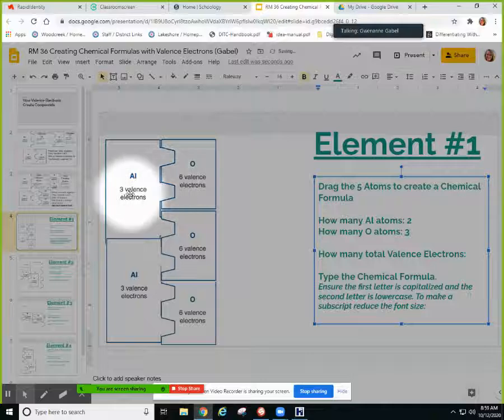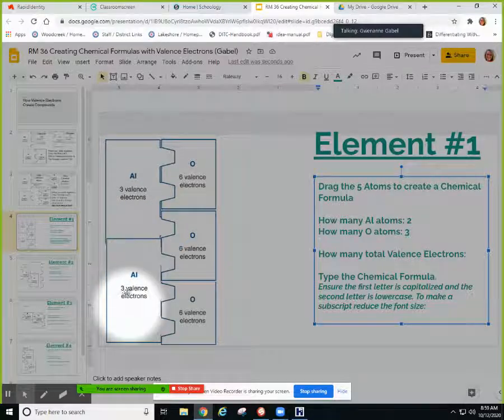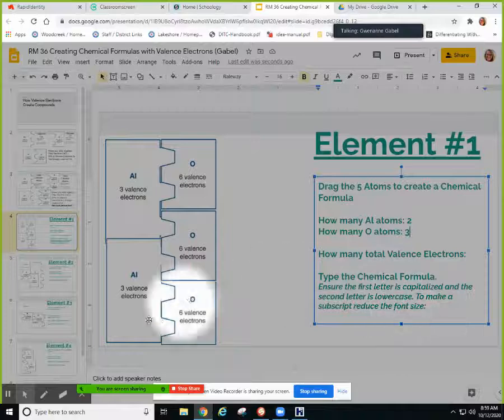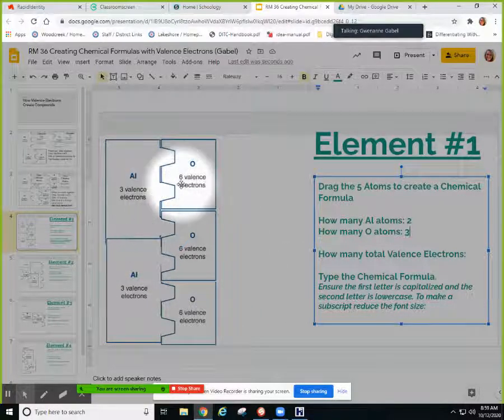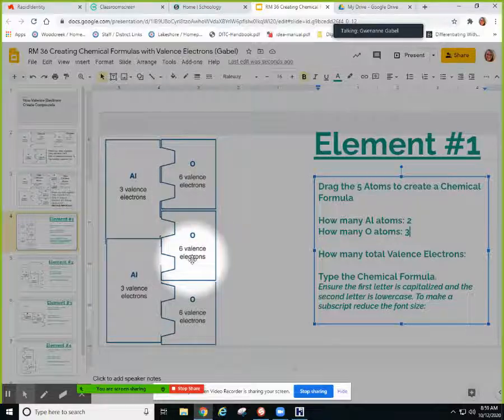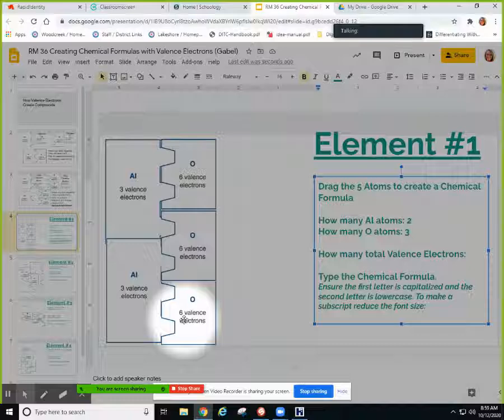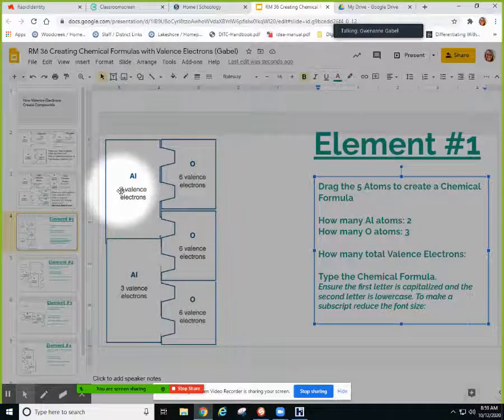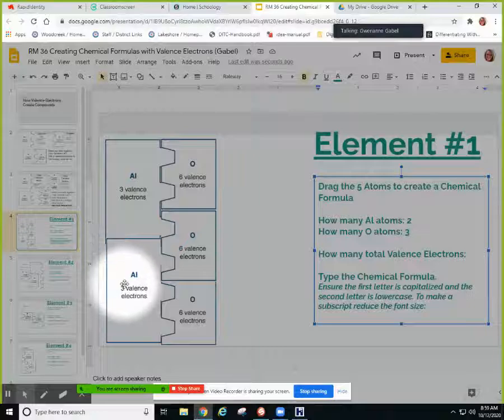Okay? So aluminum has 3. Aluminum has 6 total. Okay? So it's going to give 2 to each oxygen. And then we have 6, 12, 18, 19, 20, 21, 22, 23, 24.